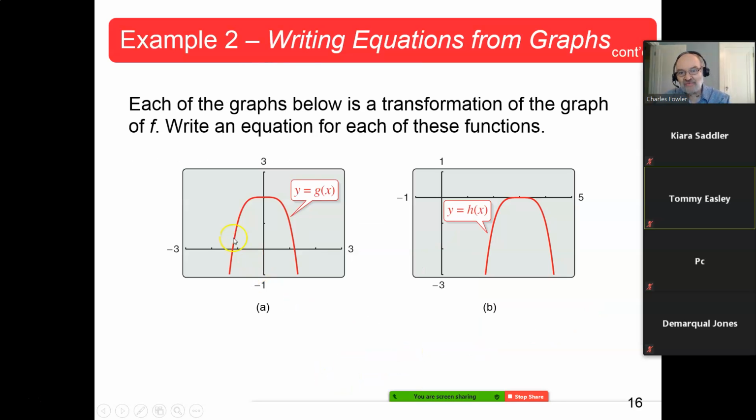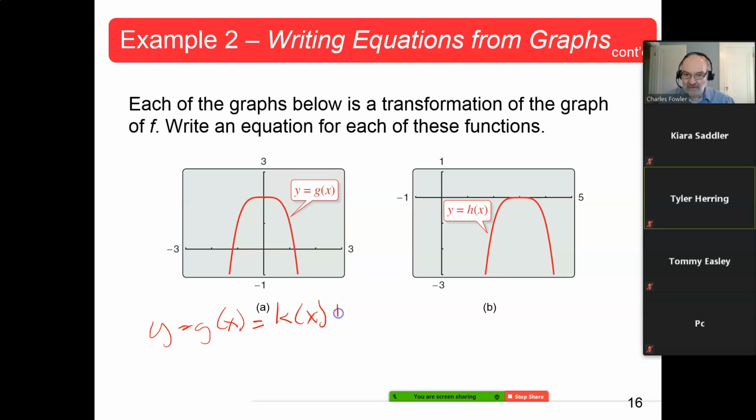Okay, what's the next difference between, say, this one, k of x, and this one here? Yes, just say up 2. Okay, so got it. So up 2, so what would that be? Then this y, which is equal to g of x here, would be my k of x I did before plus 2, because you went up 2.